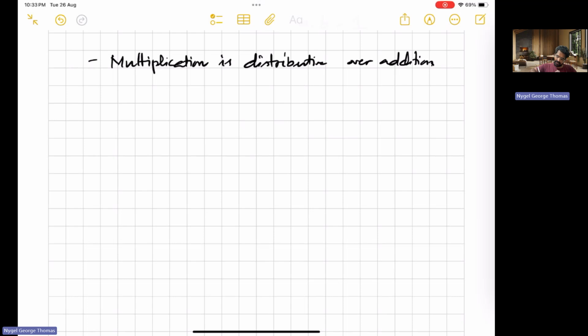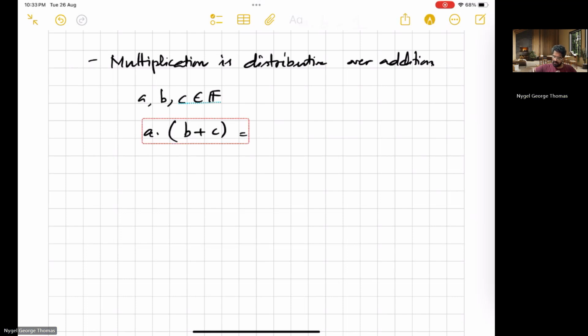We have A, B, C belonging to the field F. Then A dot (B plus C) is the same as A dot B plus A dot C. The multiplication can be distributed over the addition.